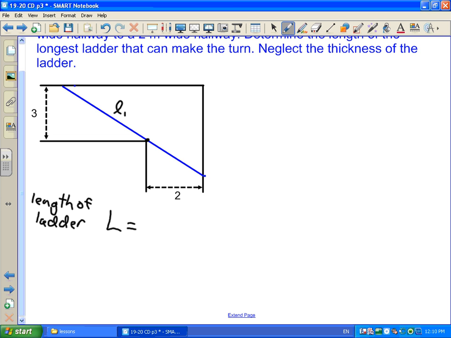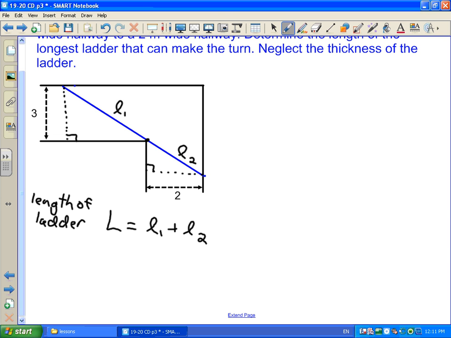We'll call this one up here L1, and this one down here L2, so that the total length is L1 plus L2. I can break this into two triangles, one right angle triangle right there, and a second right angle triangle down there. And L1 and L2 represent the hypotenuses of my two triangles.